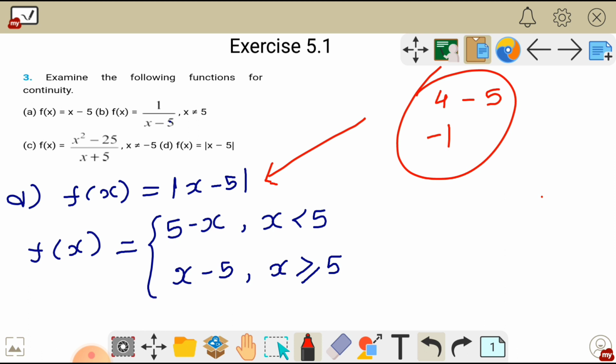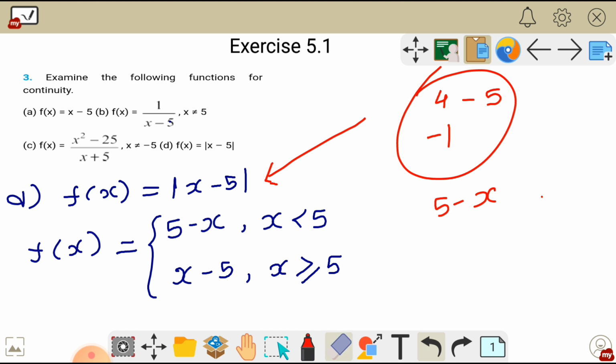So whenever the value of x is less than 5, we have to write this function as 5 minus x, so that we get the positive answer. Similarly, whenever the value of x is greater than 5, we have to write x minus 5 to get an answer that is positive.